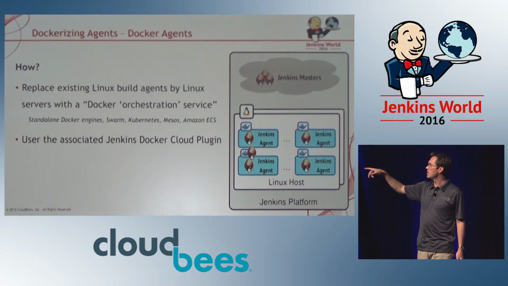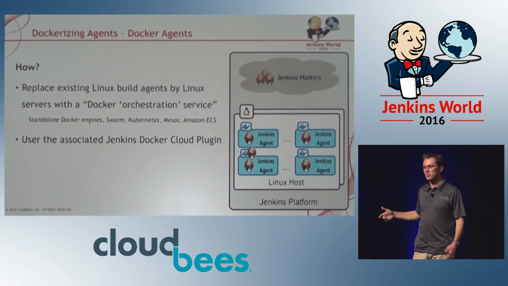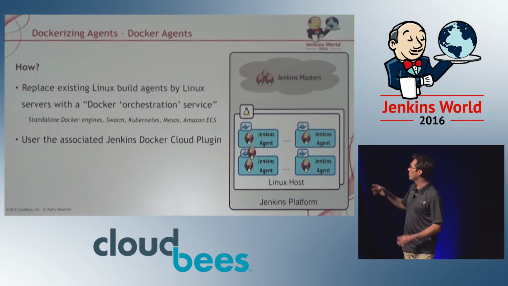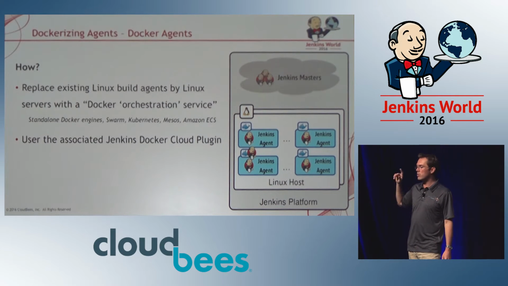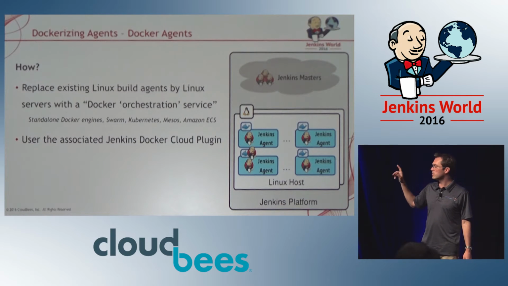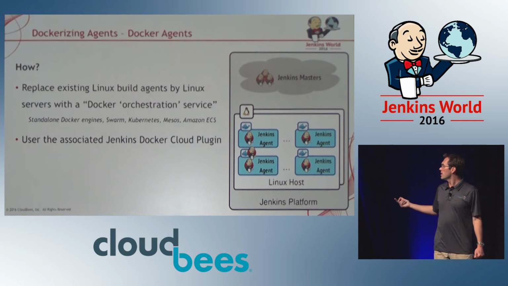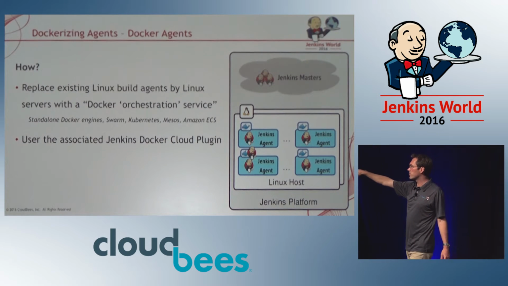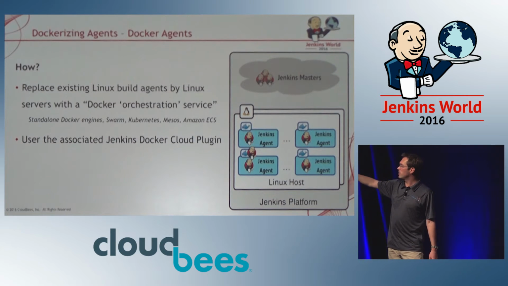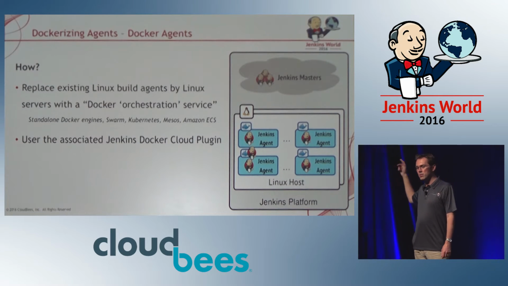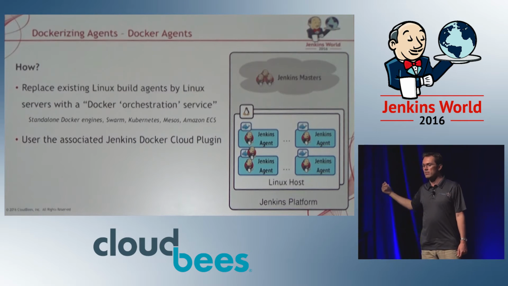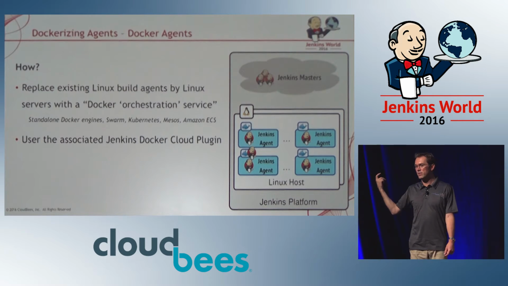Maybe it will be a standalone Docker engine on a big box. Or maybe you will use Docker Swarm or Kubernetes or Mesos, Amazon ECS. And on this Docker orchestration service, you will be capable of starting multiple Jenkins agents. So the Jenkins agent itself is a Docker container.